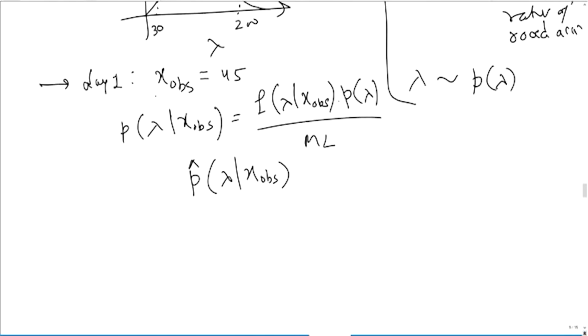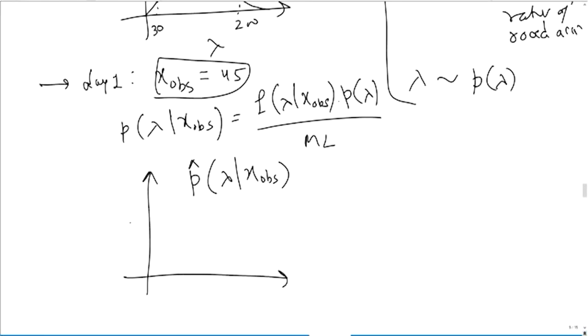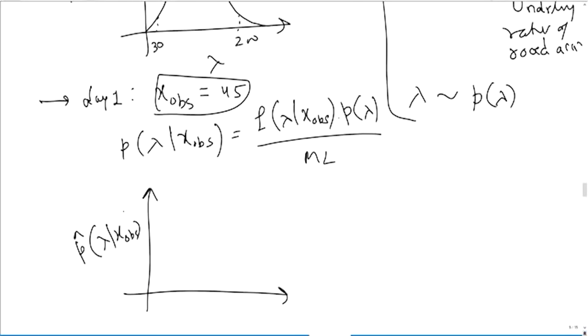So after observing data from day 1, your belief about lambda is like this. It is your posterior distribution of lambda given x obs. And let's say the posterior distribution tells you that lambda is likely to be somewhere around 45.